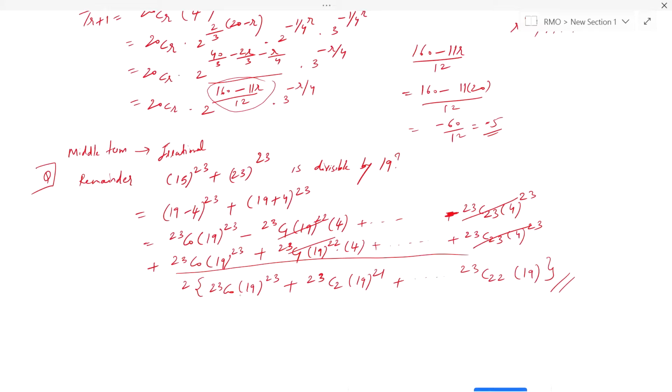You are doing by binomial or modulo? Modulo, okay. So I'm not finding 23 raised to 23 is what modulo 19. Just share me the image of what you did.